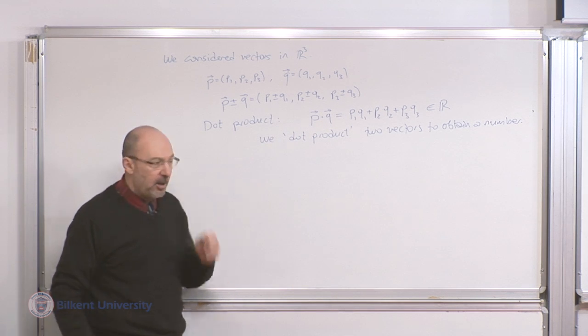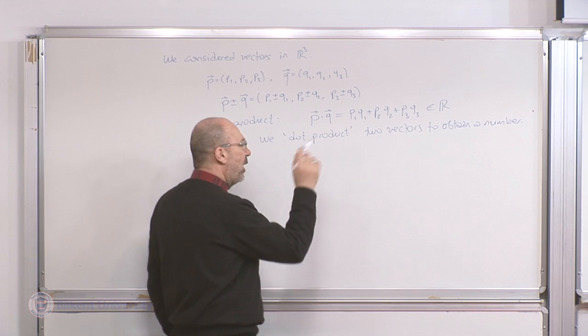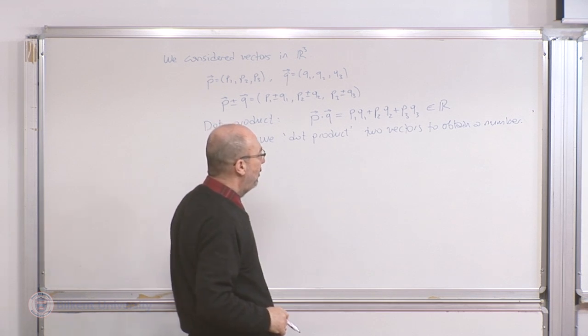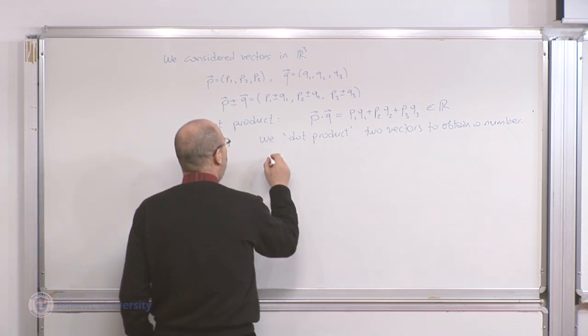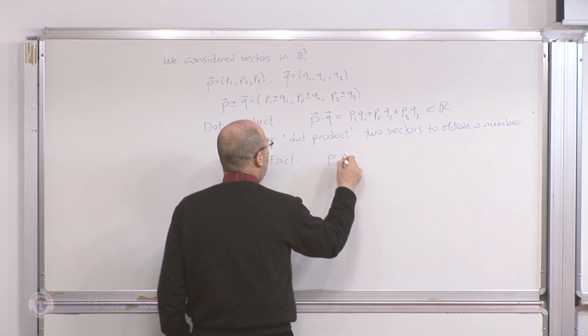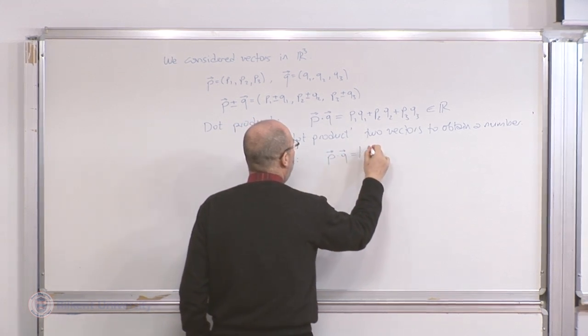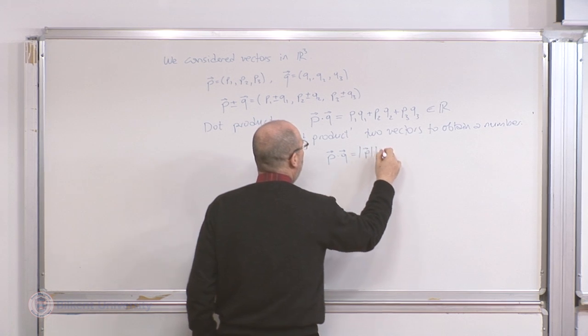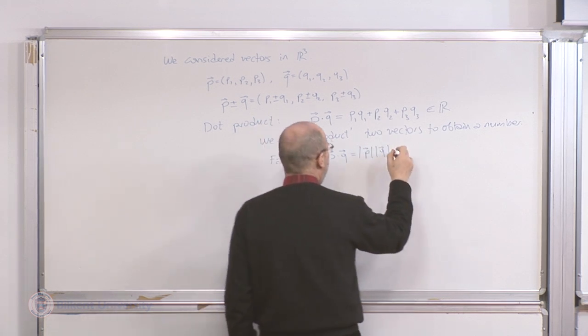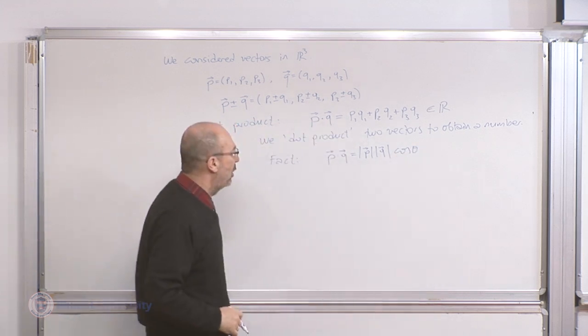Okay, so this number has a geometric meaning to it. Applying the cosine rule last time, we showed a fact that we are going to use: P dot Q, this number, is equal to the length of P times the length of Q times the cosine of the angle between them.